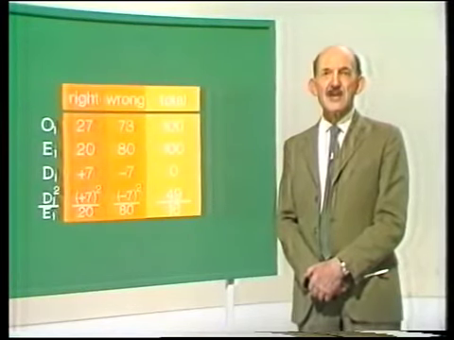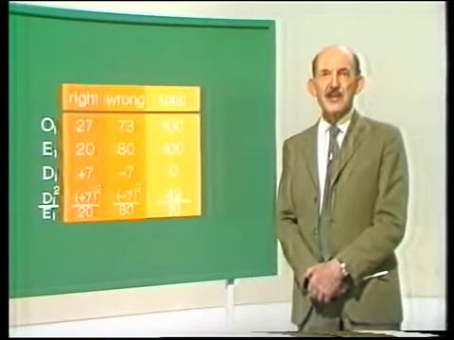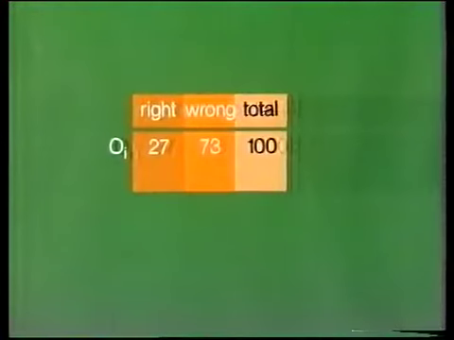To answer that, we look at this same problem in a different light. Here's the data. 27 right, 73 wrong. And here are the probabilities we're aiming for. What we'd like to know is whether the 27 correct observations are consistent with a probability of 1/5.